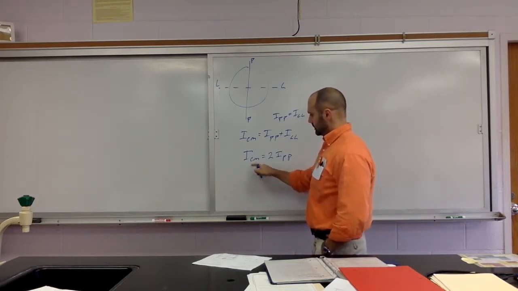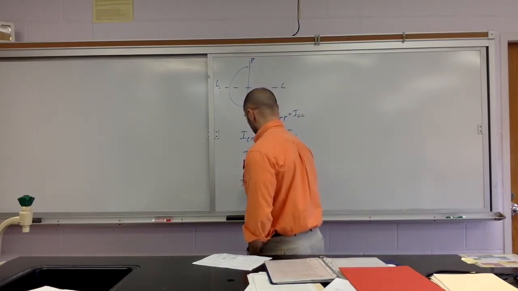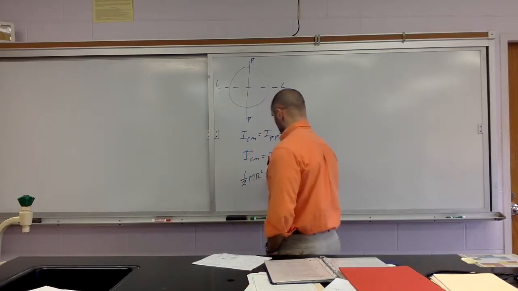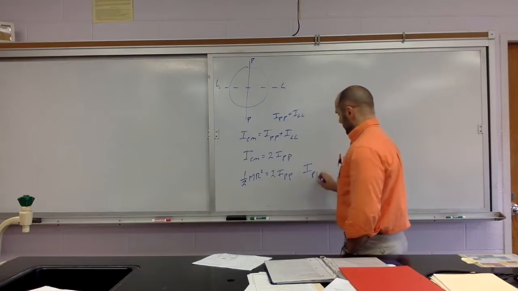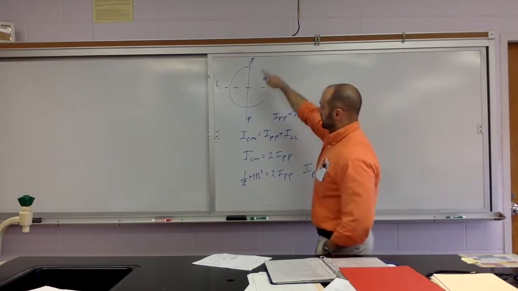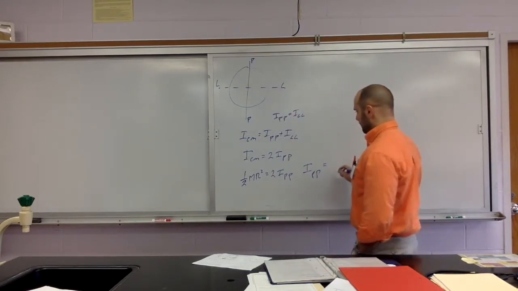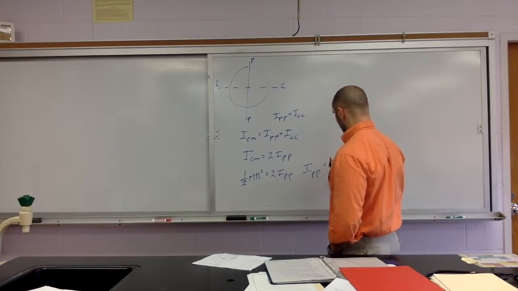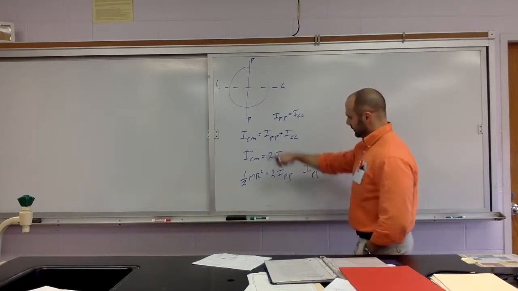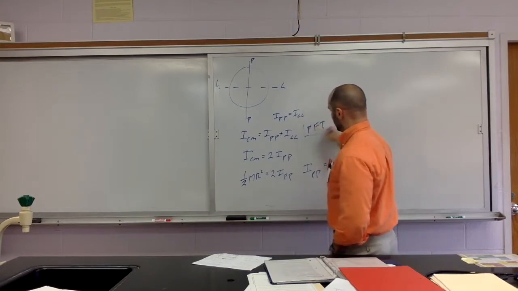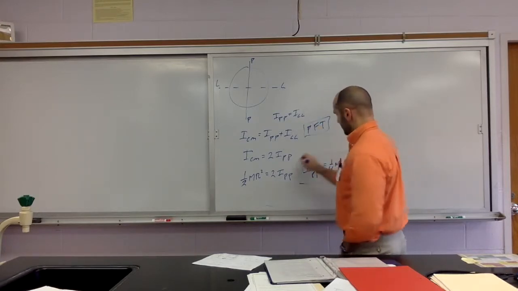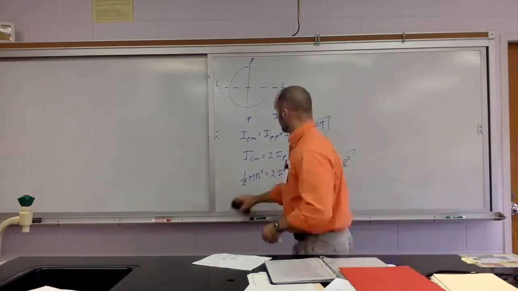And so 1/2 mr squared equals 2 I_PP. So then the moment of inertia around this axis, PP, is simply 1/4 mr squared. And again, this is the plane figure theorem that we use to solve that problem.